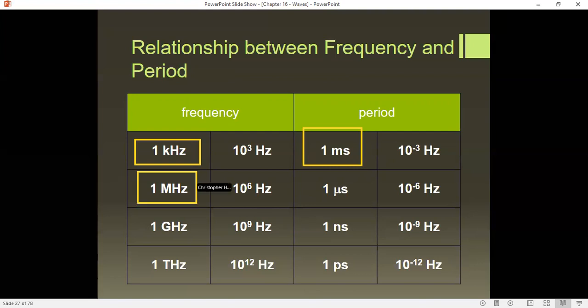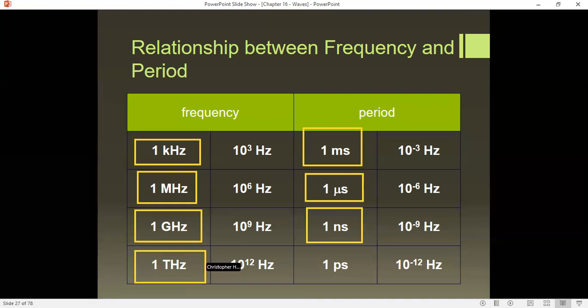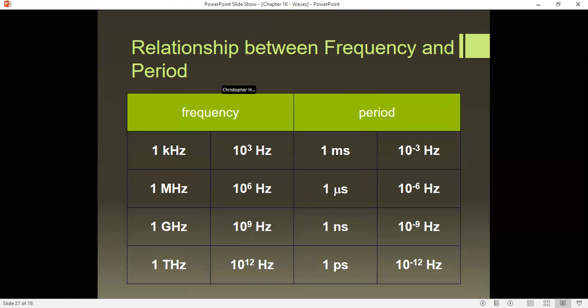A megahertz, a microsecond, 10 to the 6. You take the inverse, it's 10 to the minus 6. A gigahertz, 1 nanosecond. A terahertz, 1 picosecond. Again, frequency and period, these are just inverses of one another.